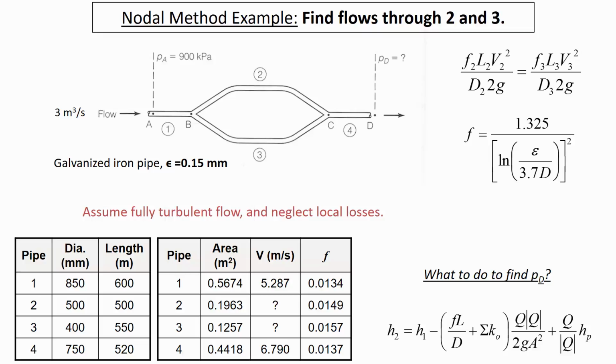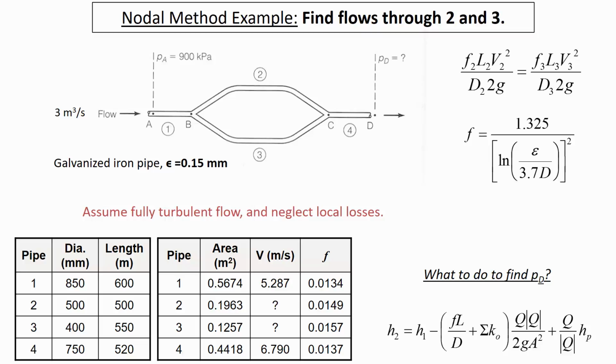The pressure at A is how we find the head at A. Let's assume that the elevations are constant, and so the z terms at each of these junctions are equal. So the total head at A would then be the pressure head and the velocity head. And we could get the velocity head because we know the velocity at junction A, and we know the velocity at junction B. Just for simplicity, we could say it's the same as the flow through pipe 1.